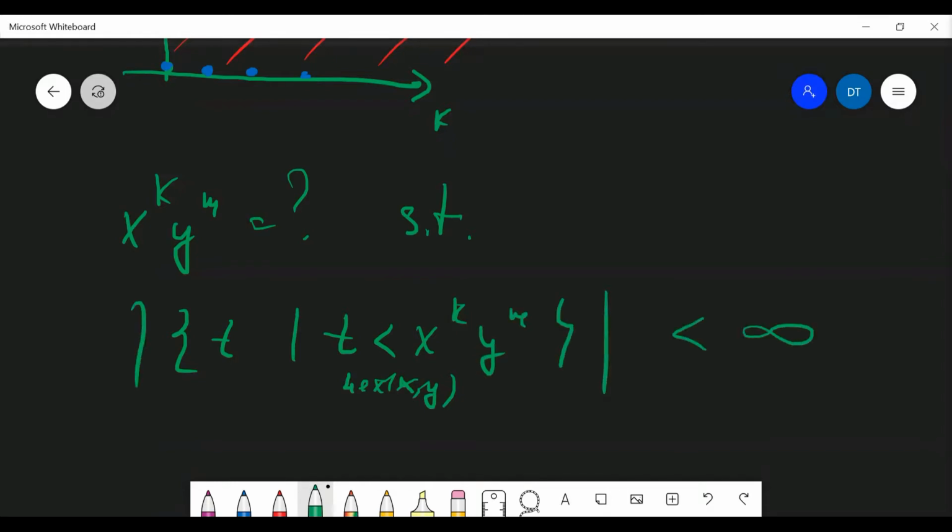So is it possible to find such a monomial? I want to find all the monomials strictly smaller than this guy with respect to this ordering, and I want this set to be finite.